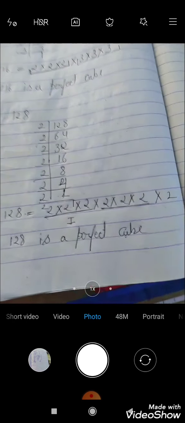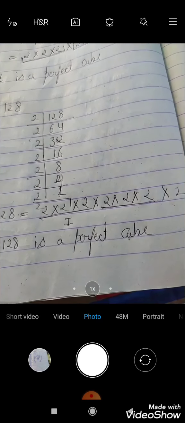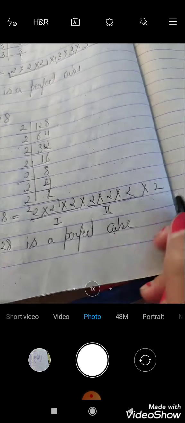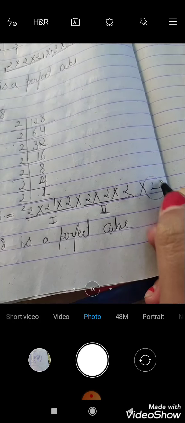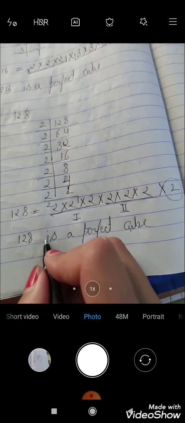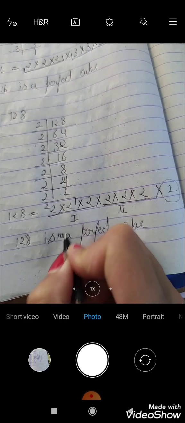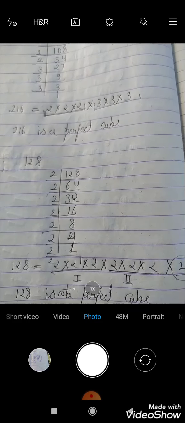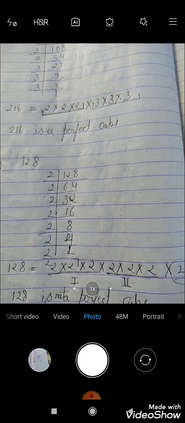Again we take 3 similar numbers, and this is the second group. Now you can see here that a 2 is left out of this arrangement. So 128 is not a perfect cube. It is not a perfect cube because a 2 is left behind in this arrangement. In this way you can find out whether the given number is a perfect cube or not.